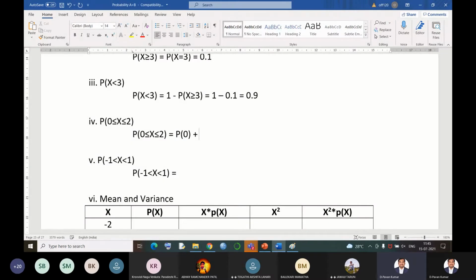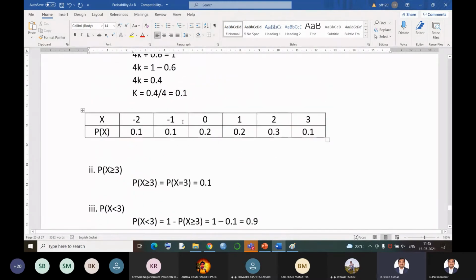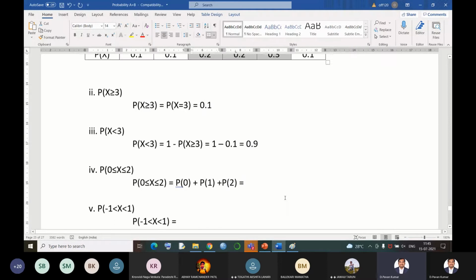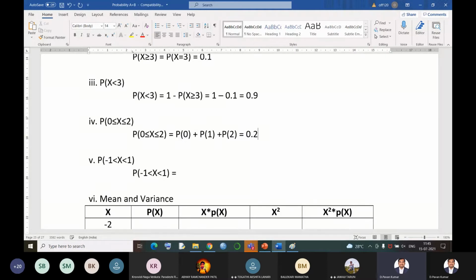So p of 0 plus p of 1 plus p of 2. Why? Because the starting value is 0 and the ending value is 2. Both sides we have less than or equal to. So by substituting the values of p of 0, 1 and 2, the answers are 0.2 plus 0.2 plus 0.3. So by adding these three values, we get 0.7.